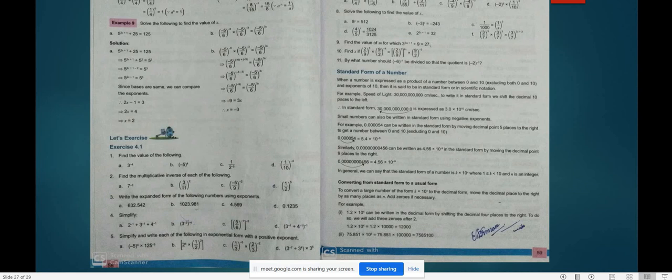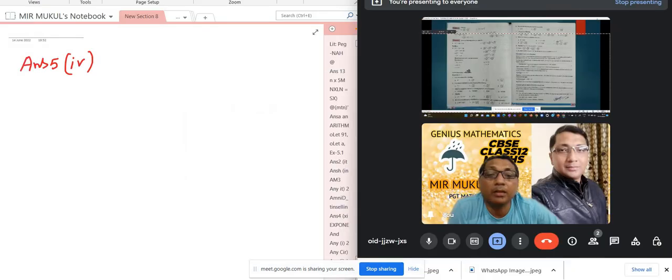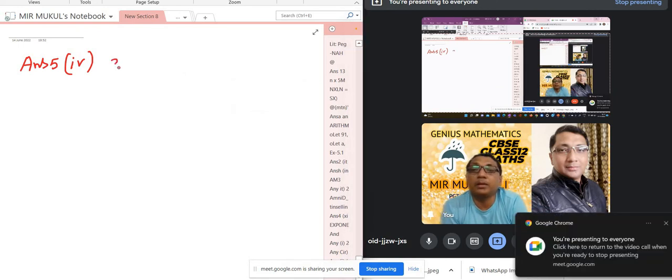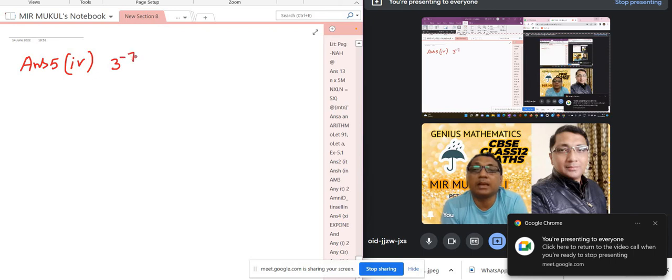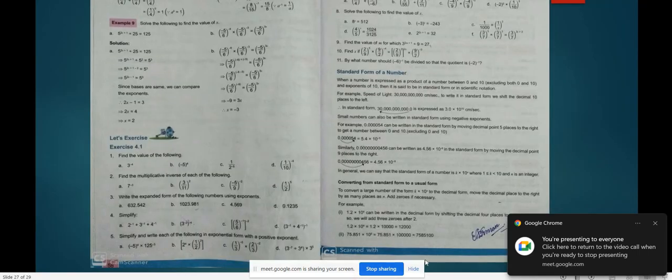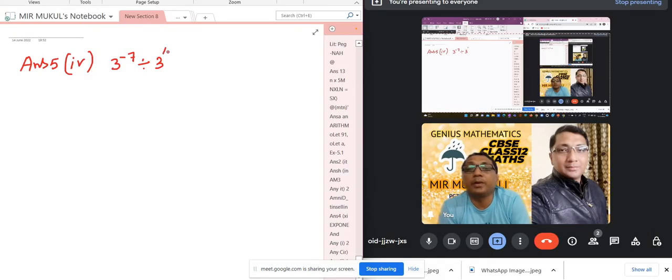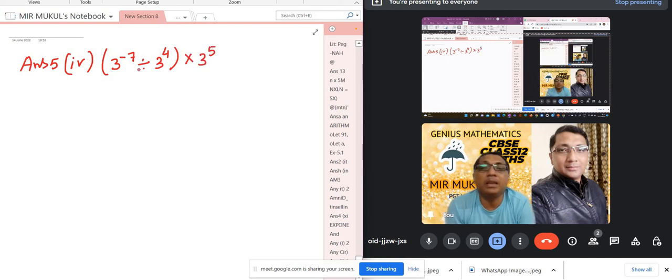So 3 to the power minus 7 divided by 3 to the power 4, and this is 3 to the power 5. If there is any other number in the power, you can write according to that. So the base is the same.